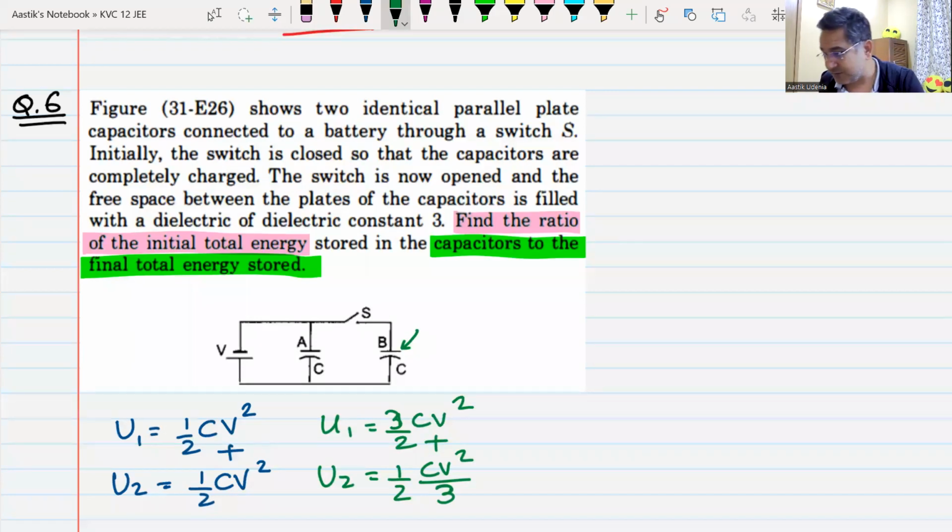You don't seem to recollect them. The only reason I can understand is because you're not trying to understand things, you're just trying to copy things down from the board. This question should have been done very simply, very quickly, just by understanding what we had done.